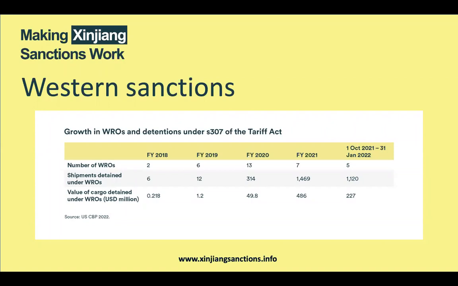Canada has a similar import ban in place and has begun enforcing it, but to a much lesser extent. Australia and the EU are contemplating adopting similar arrangements, and some countries have also adopted various export controls, guidance for business, and other measures that we detail in the report, and indeed in policy brief number 4.